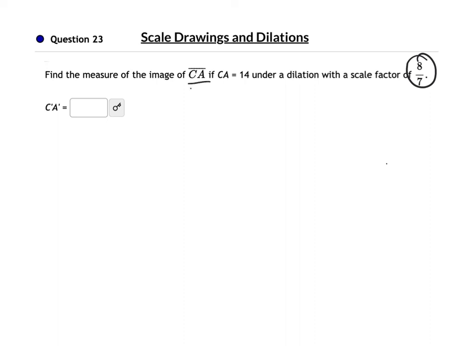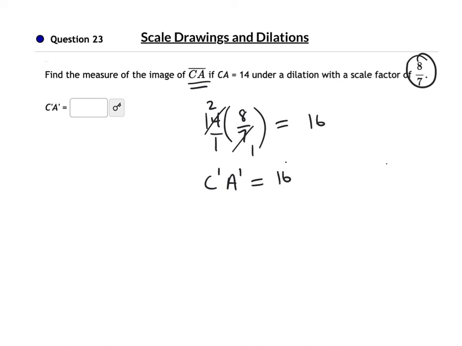Just take the segment CA, that's 14, multiply it by the scale factor, 8/7. These will cancel because 14 is over 1. Divide by 7, you get 1. Divide by 7, you get 2. And 2 times 8 is 16. That's C prime A prime. That's the new CA, segment CA, is 16 in length.